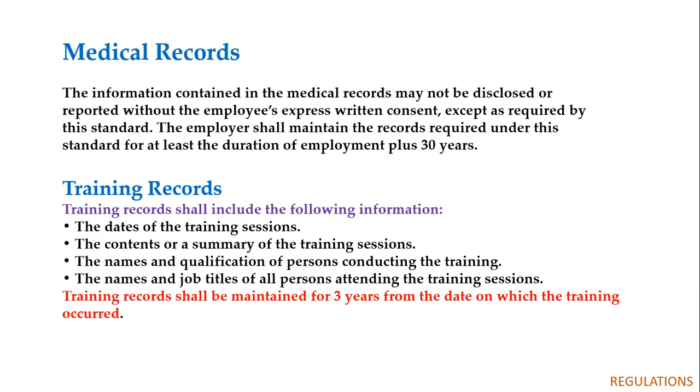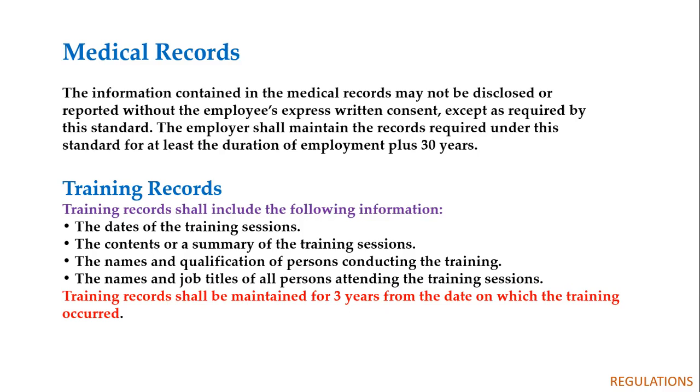The information contained in the medical record may not be disclosed or reported without the employee's express written consent, except as required by this standard. The employer shall maintain the records required under this standard for at least the duration of employment plus 30 years.